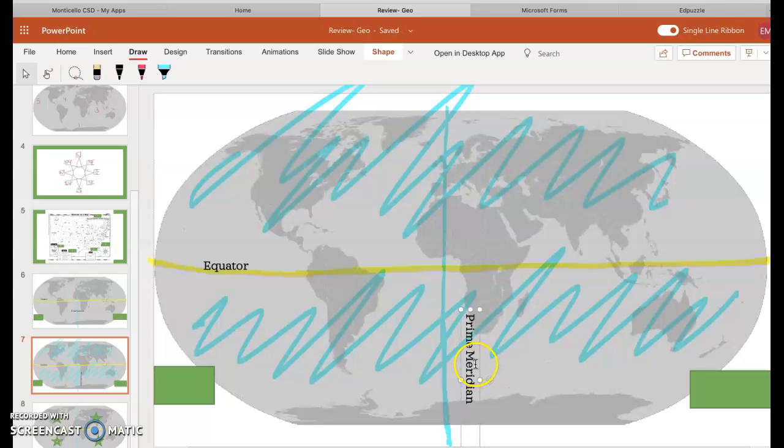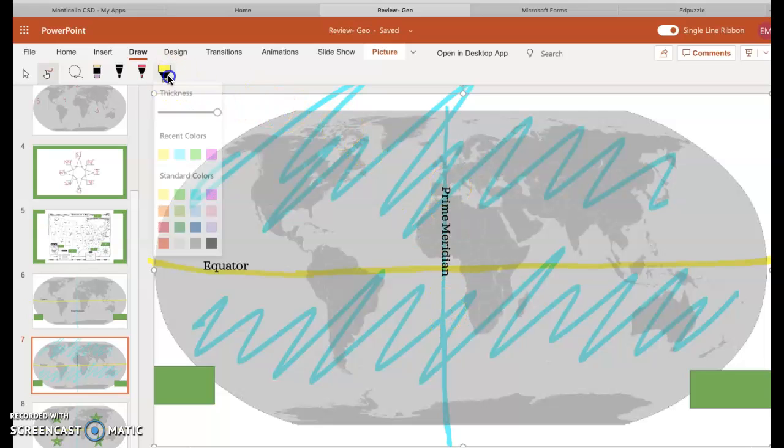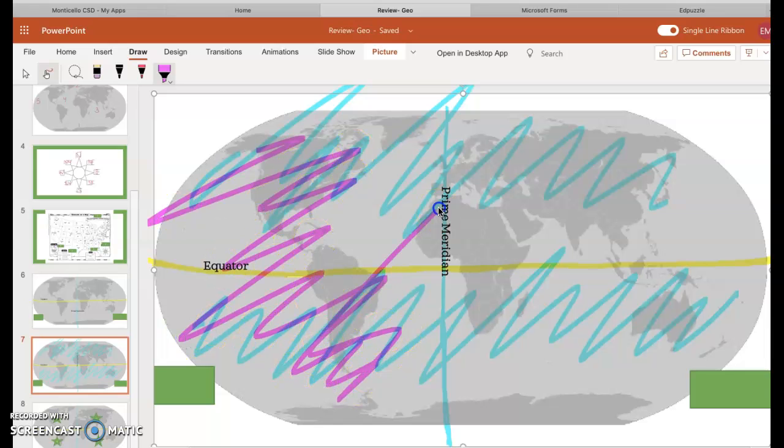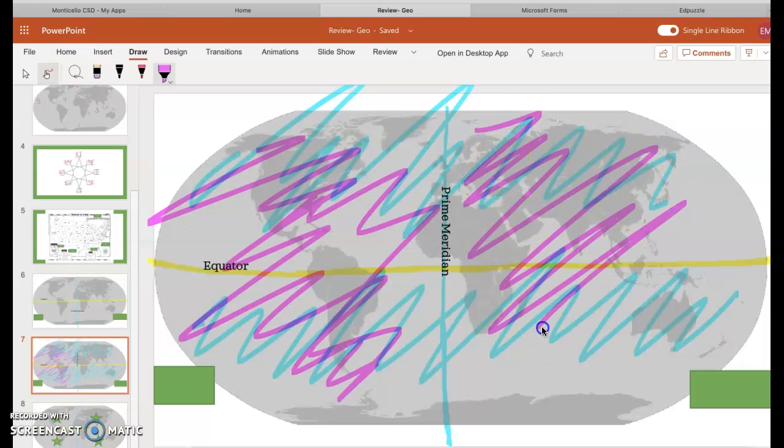So this is our prime meridian. Now remember our compass rose, we already did the northern and southern hemispheres. Okay, so the prime meridian breaks our globe up into the western and the eastern hemispheres.